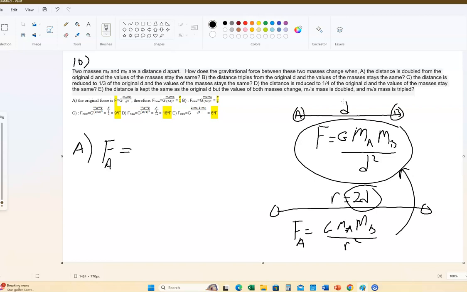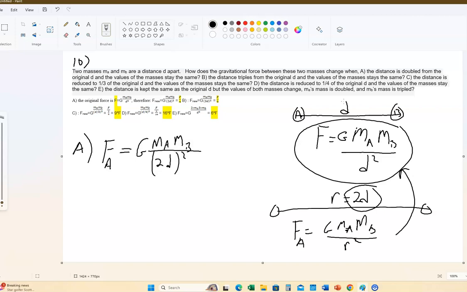So this new situation, force A, when the two masses are twice the distance apart, that's all you've varied, is now going to equal G times mass A times mass B, divided by, instead of R squared, I'm going to put in the 2D. So it's 2D, but you square that.